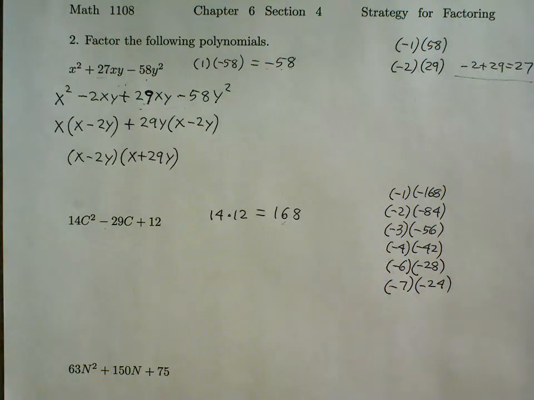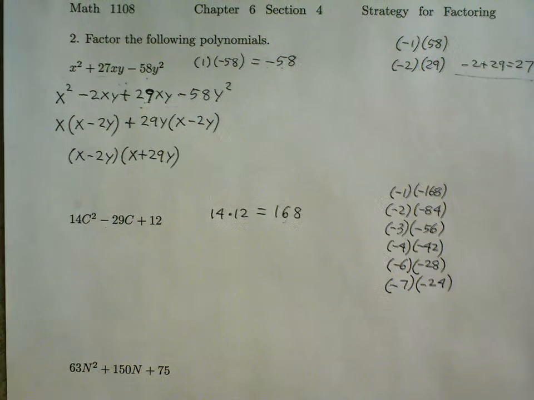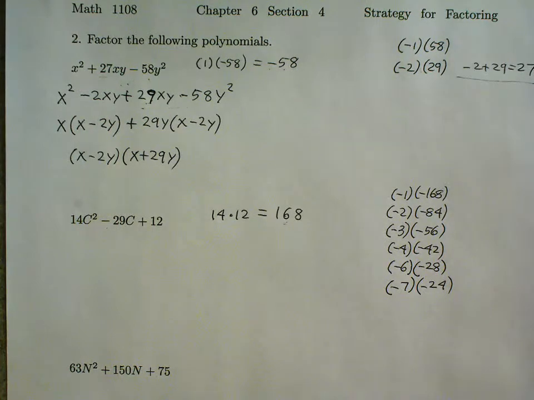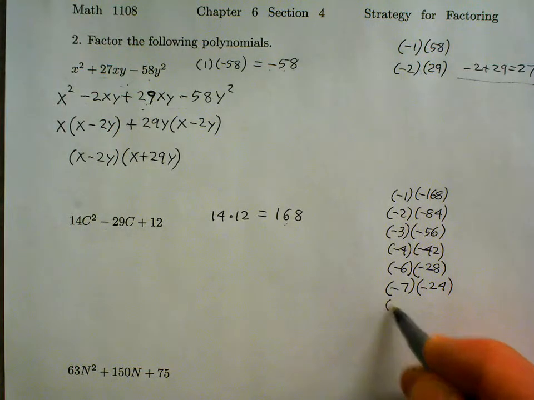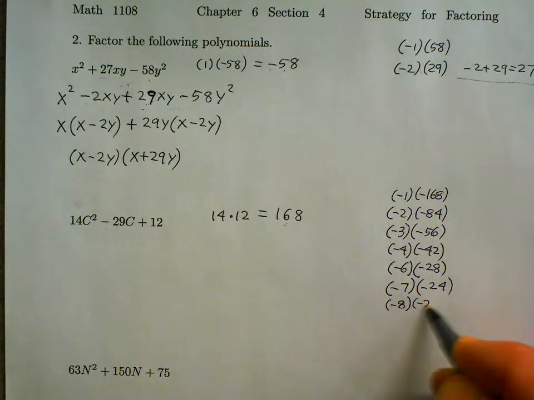What's the next pair of integers? Negative 8 and negative 21. Yeah, negative 8 and negative 21.